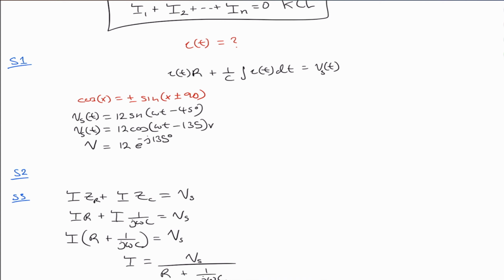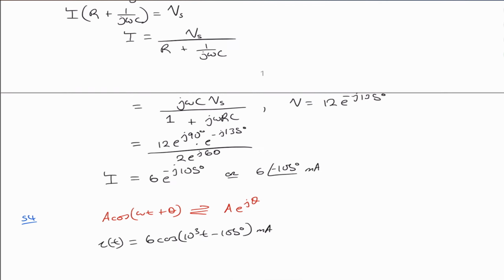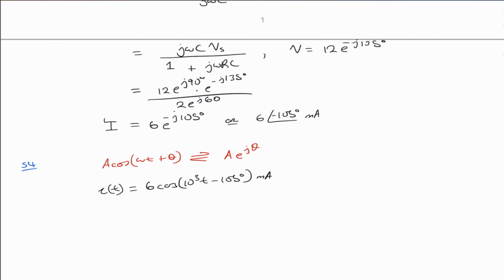And then step 3, we use any appropriate technique to solve for whatever is asked. After we do that, we then convert back over to the time domain by using the relationships between the time domain and frequency domain. So the current in our series circuit is as follows, and basically that's it for this one. So I guess I'll see you in the next one. Bye.